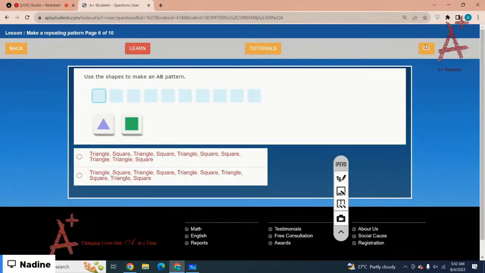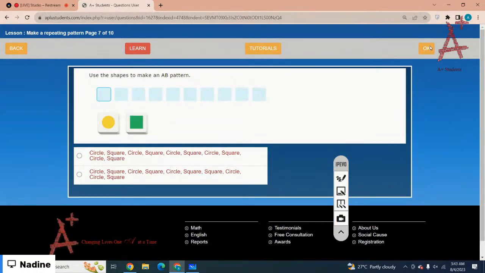Use the shapes to make an AB pattern. So which is the correct option? The correct option is option number two because you can see here the same pattern shapes are repeating.